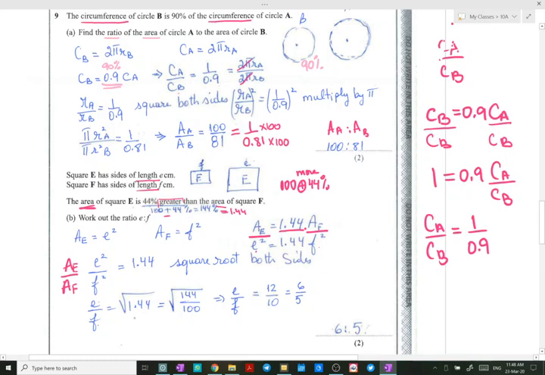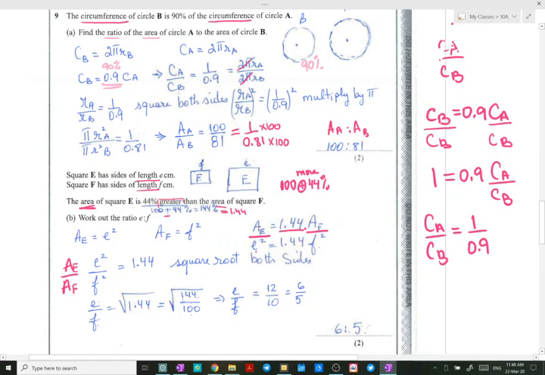Since we need the ratio, we have to do some algebra here, and we want to move this decimal, so we write 1.44 as 144 divided by 100.